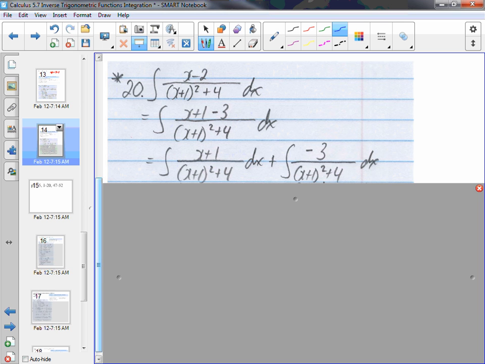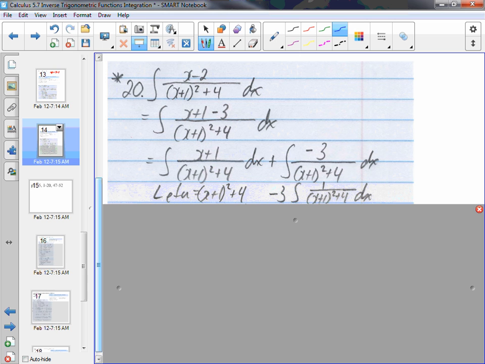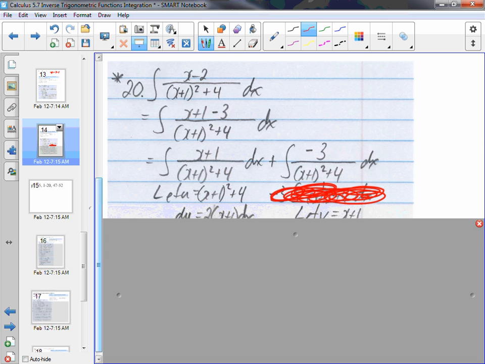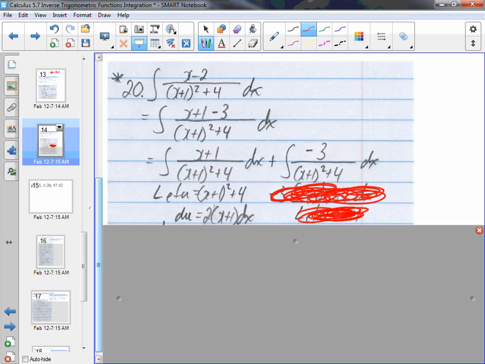The whole denominator. Let's let u equal x plus 1 quantity squared plus 4. And if that's what u equals, du is going to equal, now, the derivative of x plus 1 quantity squared, chain rule.